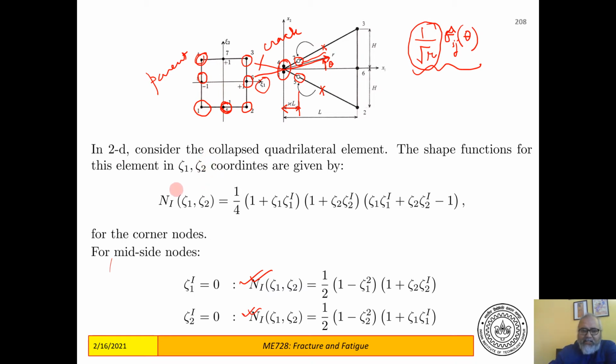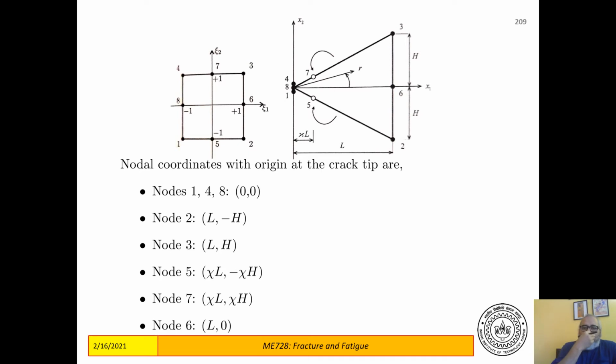So just accept that these are the interpolation functions, and now we will do pretty much the same thing that we did for the 1D element. In the physical element, nodes 1, 4, 8 have all been collapsed. If you take the crack tip as the origin, your crack is a sharp crack, so 1, 4, 8 have 0, 0 as their physical coordinates.